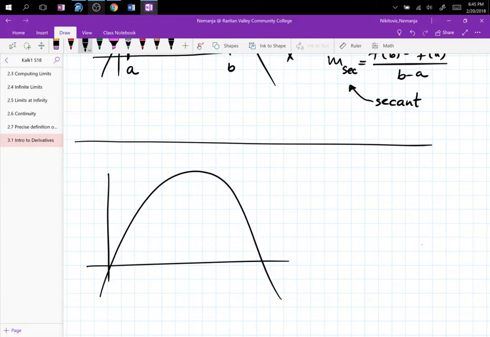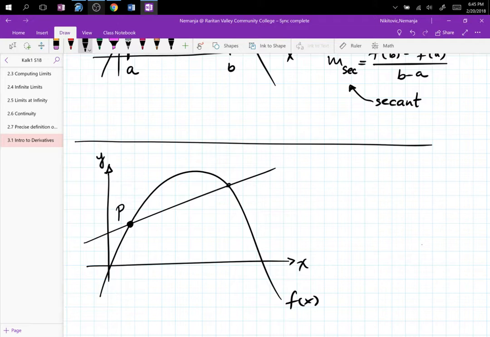So there's my function f of x, my x-axis, my y-axis. In the book they're using P and Q, so fine, all right. P and Q.